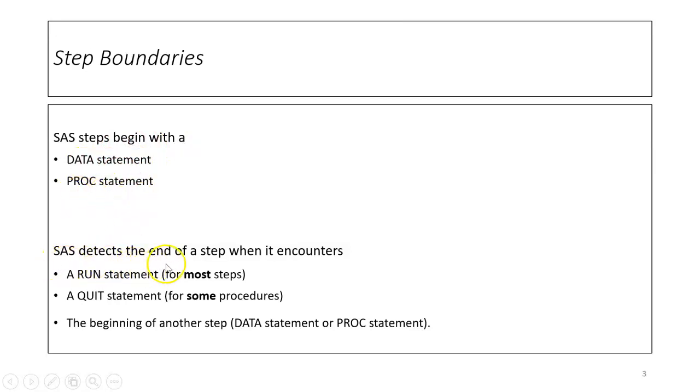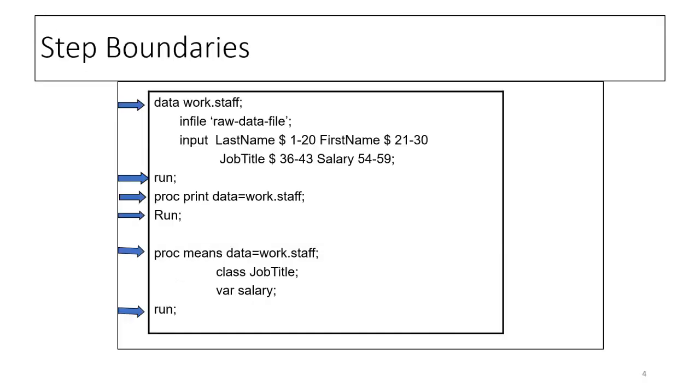SAS detects the end of a step when it encounters a run statement for most steps. So we end any step with the run statement, and for some procedures we use the quit statement. The beginning of another step is a data statement or proc statement.